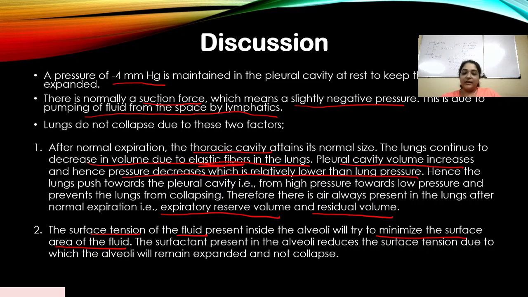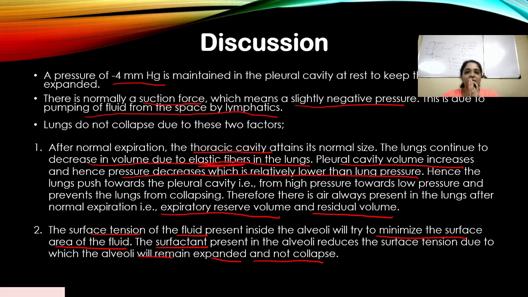Now the alveoli contains a surfactant. There is a liquid called a surfactant present in the alveoli, which reduces the surface tension, due to which the alveoli will remain expanded and not collapse. When that fluid comes in contact with the air, the surface tension will try to minimize the surface area of the fluid.